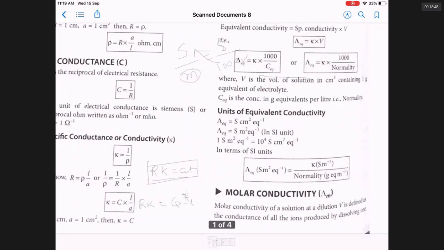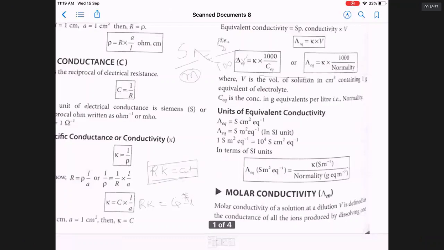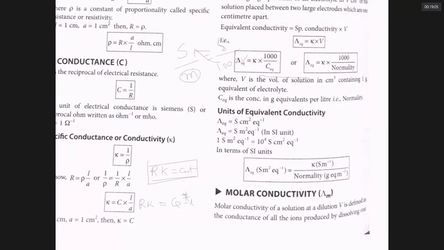Then what are the units of equivalent conductance? Siemens centimeter square per equivalent. What is the other SI unit? Siemens meter square per equivalent. How can I convert? I should multiply Siemens centimeter square per equivalent with 10 to the power 4 to get 1 Siemens meter square per equivalent. Are we clear?